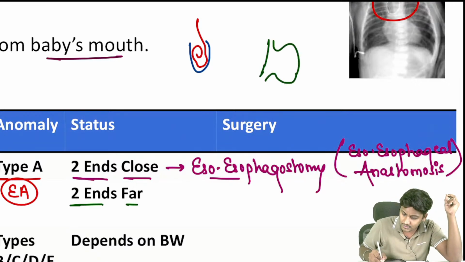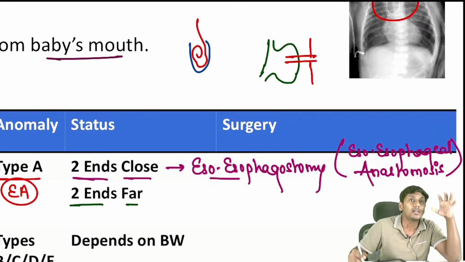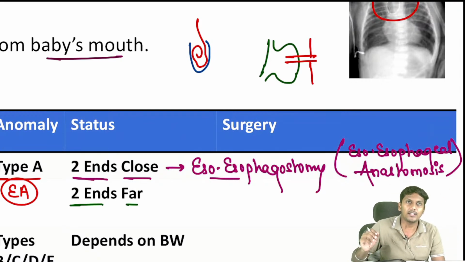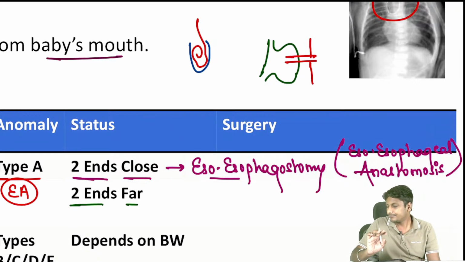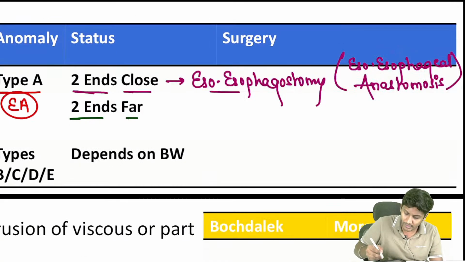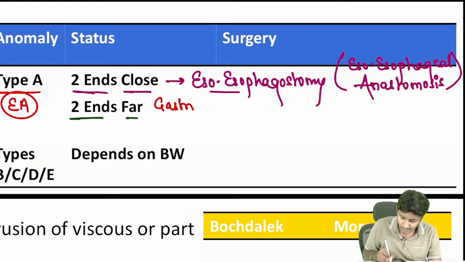What was that called as? That was called as gastrostomy. I hope all of you are quite aware. Feeding gastrostomy, when the patient needs nutrition for more than 2 to 3 weeks, right? And definitely the gastric motility is normal. In that condition, here we are going to do a feeding gastrostomy. So here, if the two ends are far from each other, you have to go for a feeding gastrostomy for the purpose of nutrition.